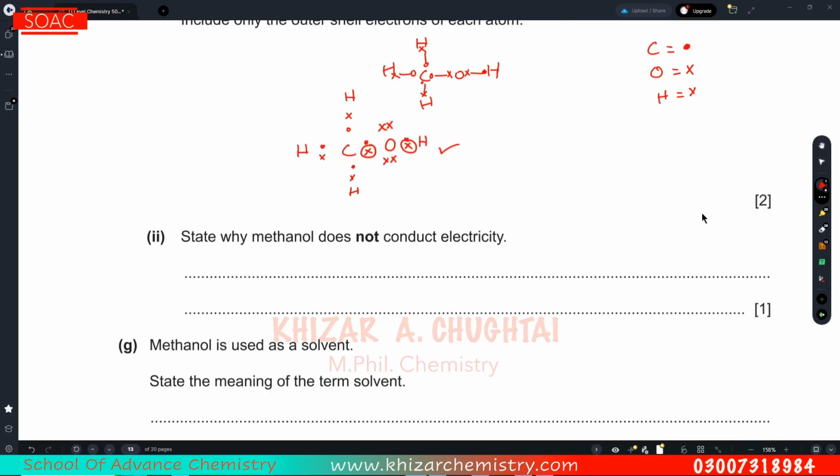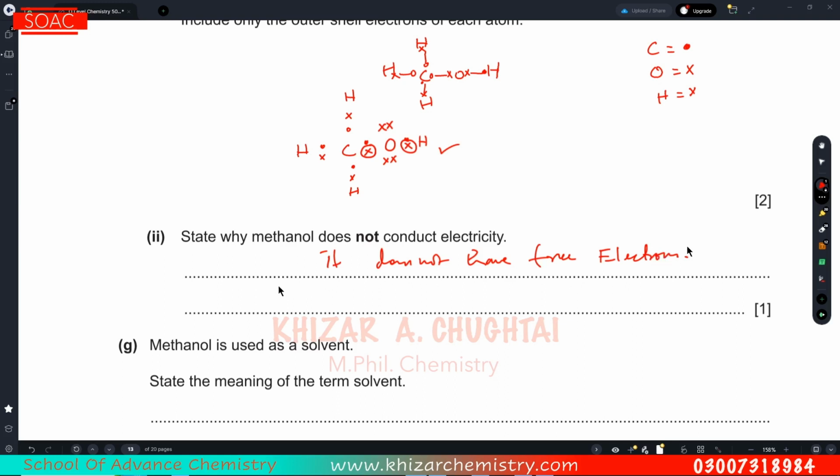State why methanol does not conduct electricity. Because it does not have any free electrons. Electrons cannot be moved. It does not have free or mobile electrons.